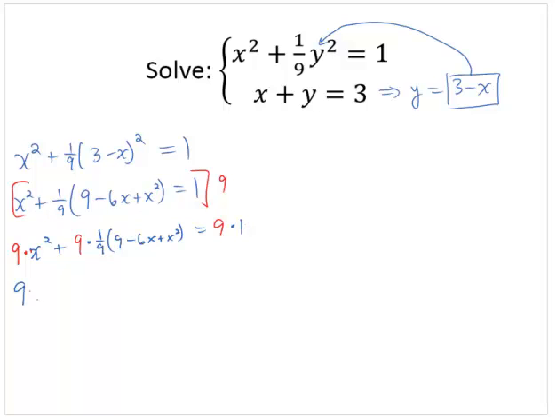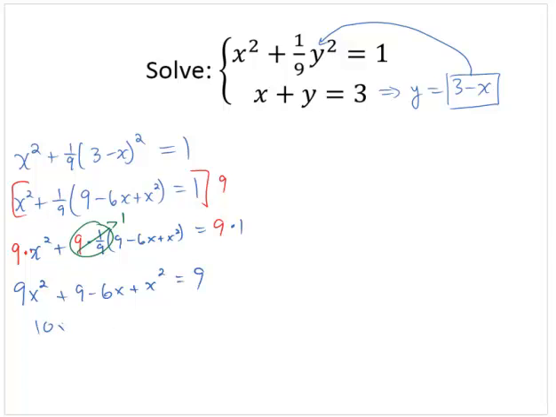So that gives me 9x squared. Now on the second term, the 9 and the 1/9 go to 1. And so we just have plus 9 minus 6x plus x squared equals 9.